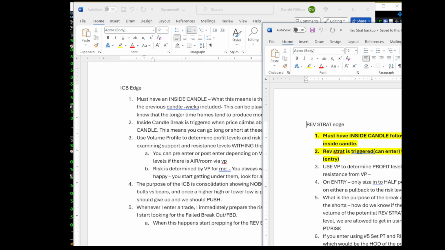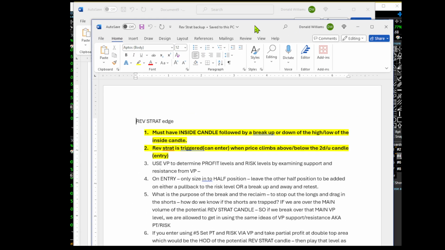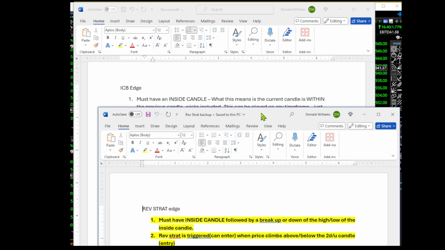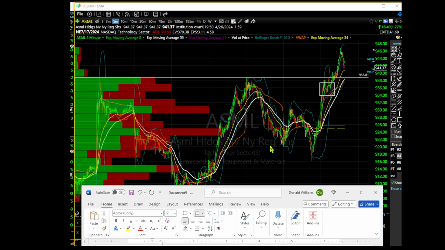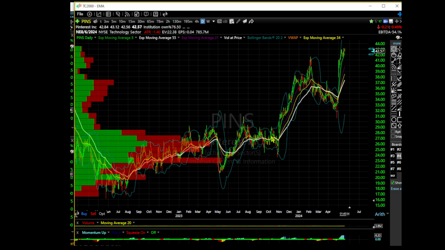So this is where this edge came from. When I would lose, I always want to play whatever I'm playing, and if I can turn it back into a profit, great. Let's look for the Rev Strat. There's a rule, kind of an arbitrary number, where if you're playing an inside candle, let's look at pins because it's doing it.